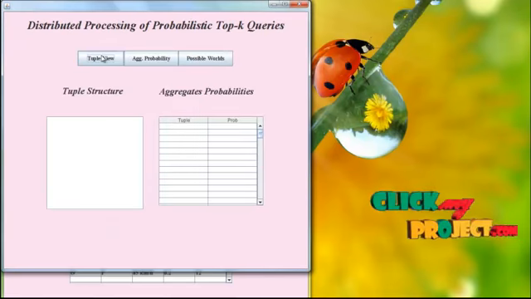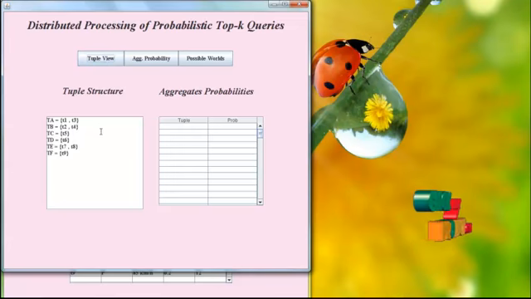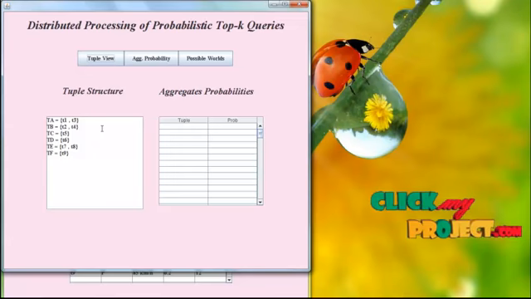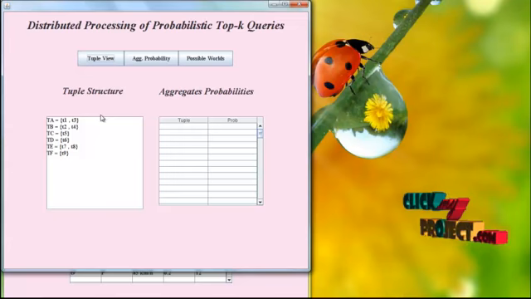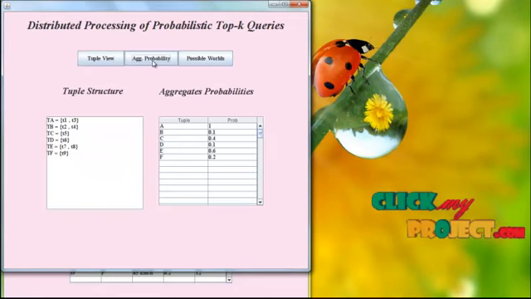Here first is the tuple view, which presents zone-level information, and which nodes are present in the zone are presented in tuple structure. Now we move to the aggregated probability, which is based on the given probability values presented for every zone.